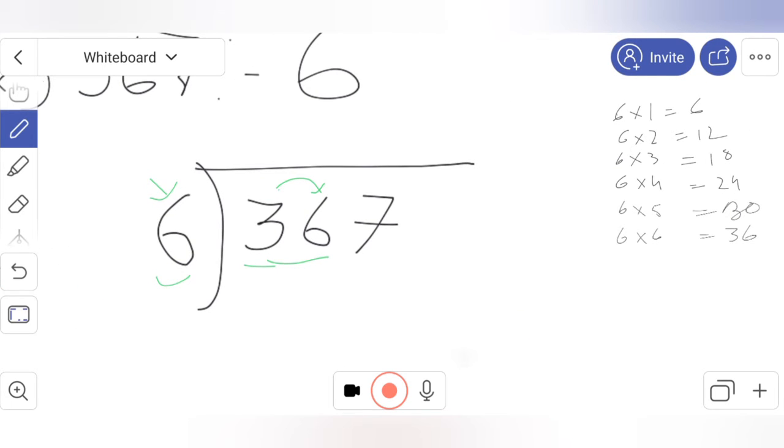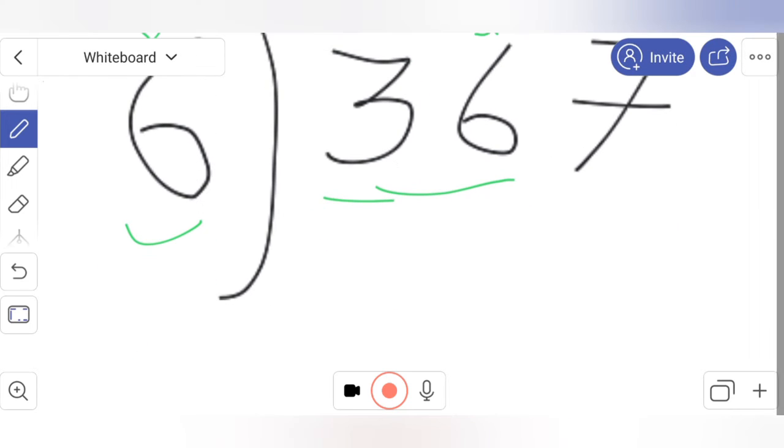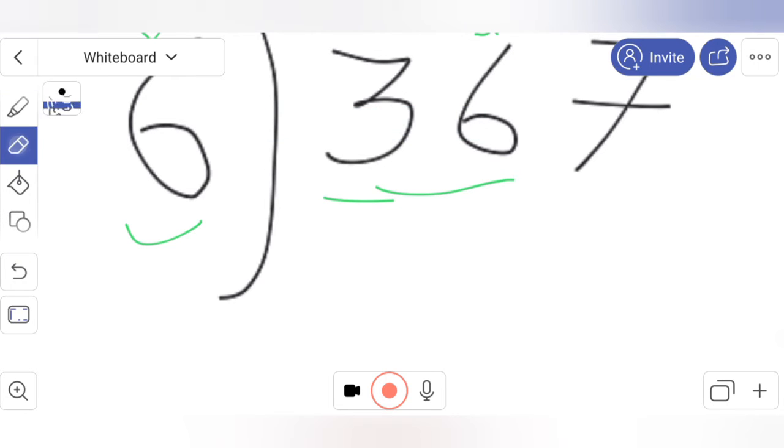So do we get 36? See, we need 36, we got 6 6. So 6 is multiplied by how much? By 6. So 6 6 is 36, we need to write here. Okay, let me rub this one. This is no need now.